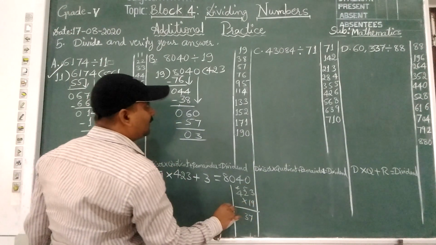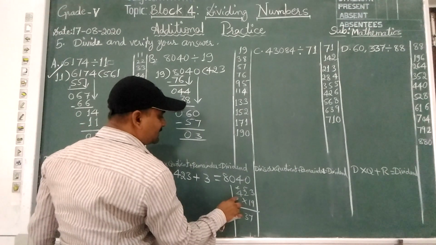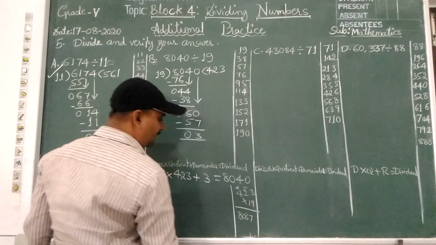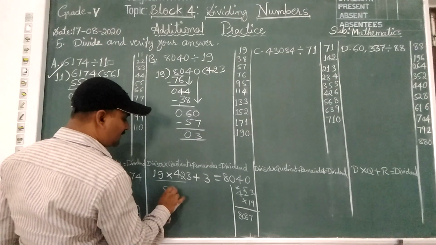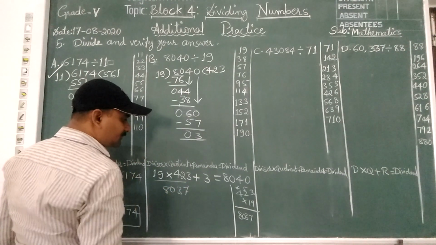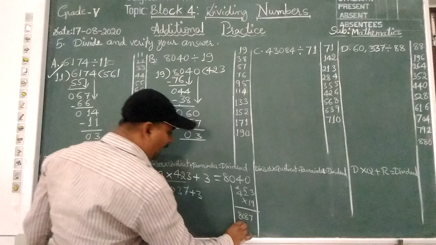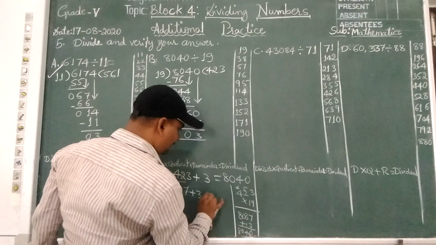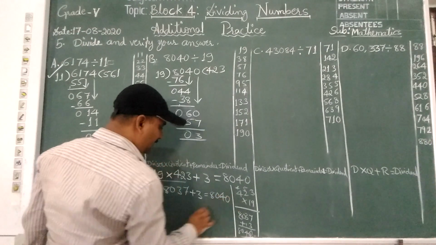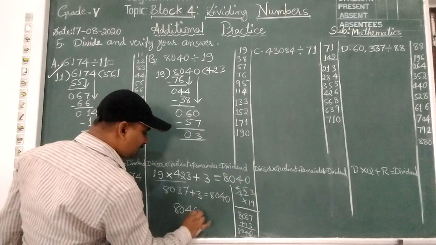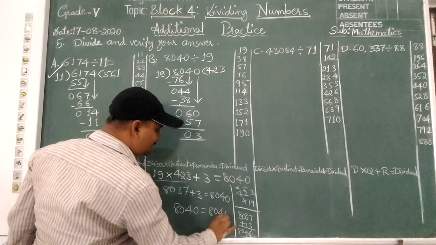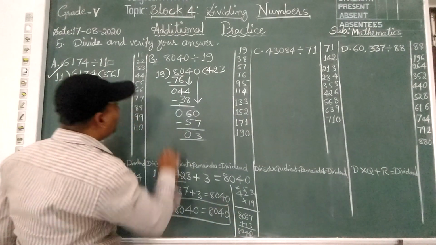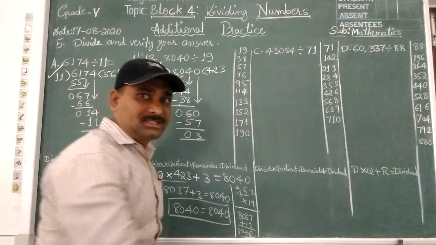Carry 4. 19 fours are 76, 76 plus 4 is 80. So the answer is 8000 plus 3. Add 3, you will get 8040, children. You will get 8040 as dividend. Therefore, we are correct.